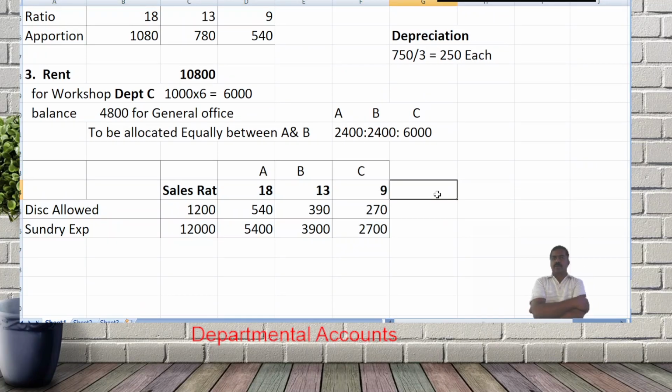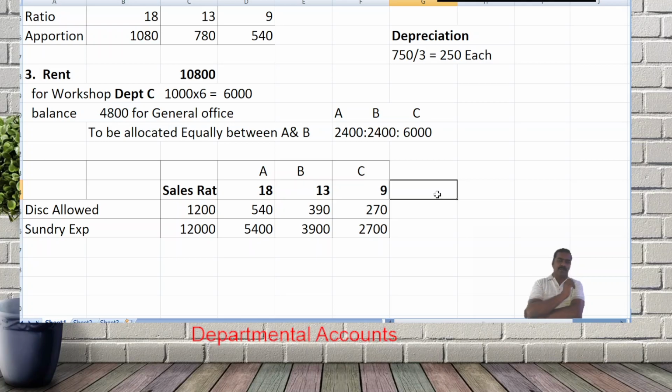So did we work out the apportionment of all the expenses? Opening stock, purchases, sales, closing stock are bifurcated and given already. For all the other expenses, salaries and wages, rent, advertisement, discount allowed, sundry expenses, we apportioned already. Depreciation is based on equal ratio. Discount received is given to us. So the required information is worked out. Now we can start with which account?